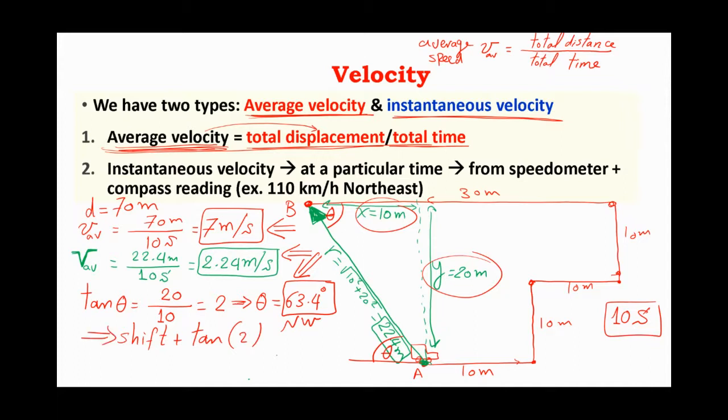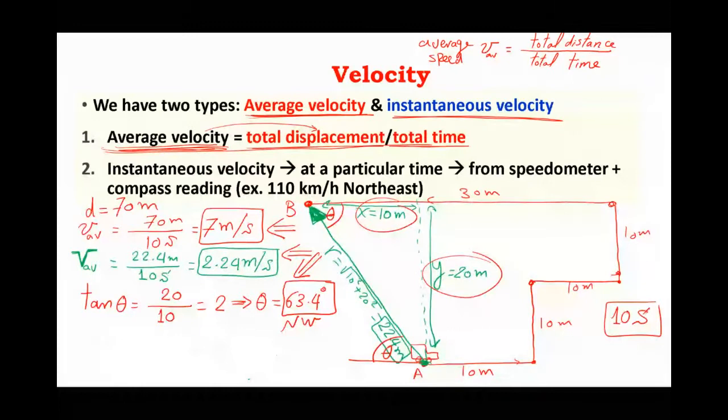It gives you 63.4. Okay? Got it? So this is on the calculator, shift plus tan. You must use a calculator in the physics exam. It's different from the math and the other curriculums.